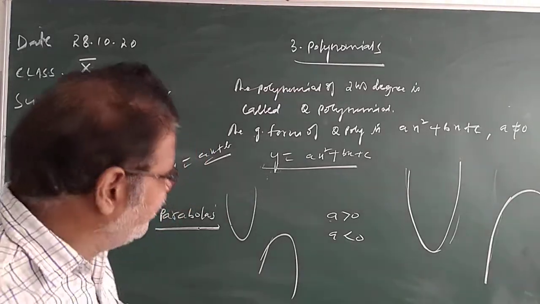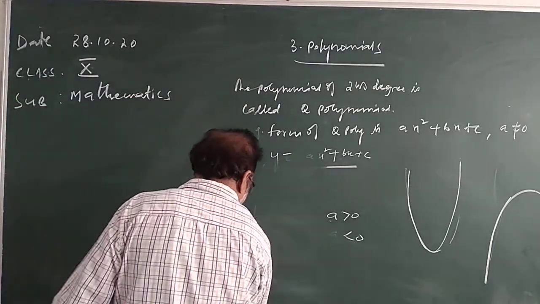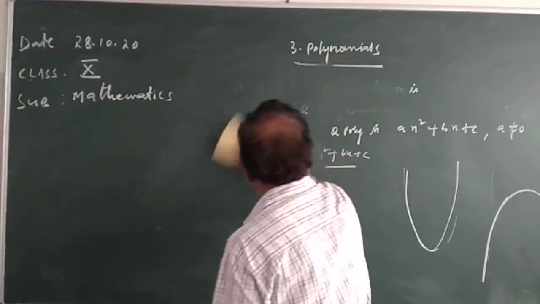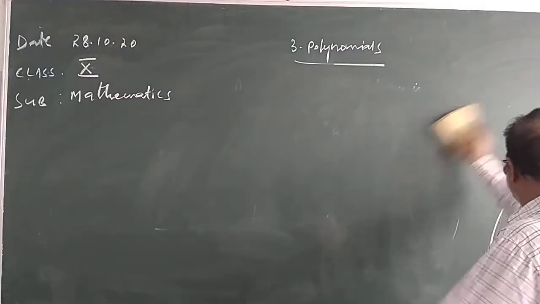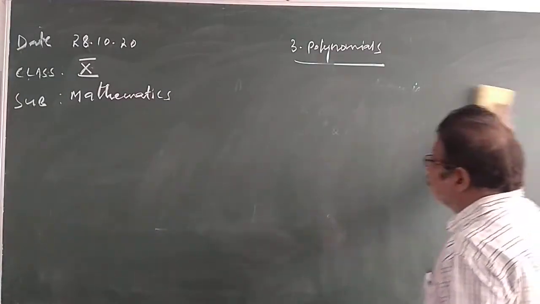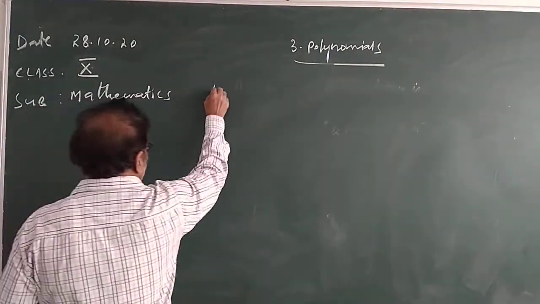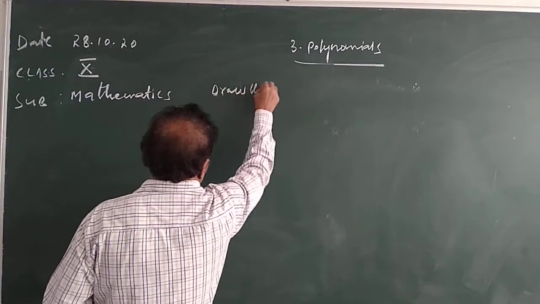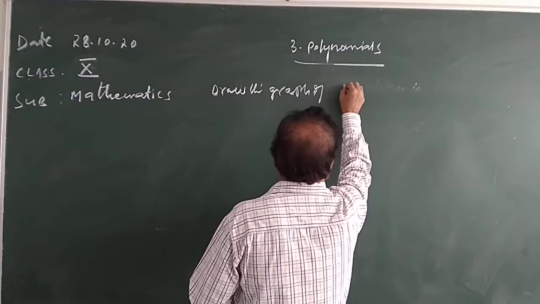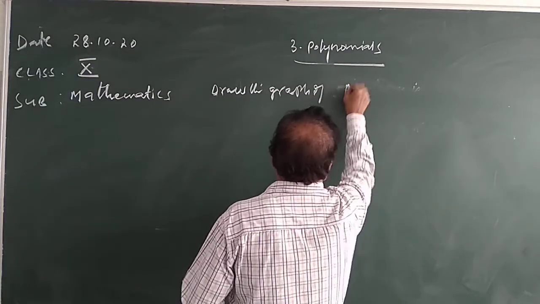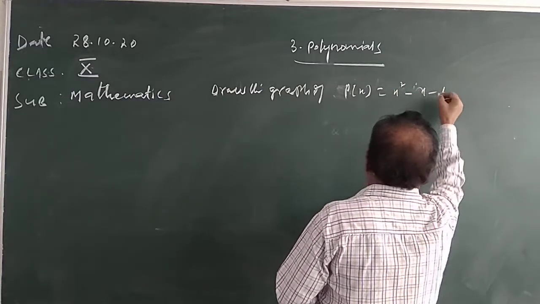So let us represent the graph of a quadratic polynomial. Here, draw the graph of the quadratic polynomial p of x is equal to x square minus x minus 6.